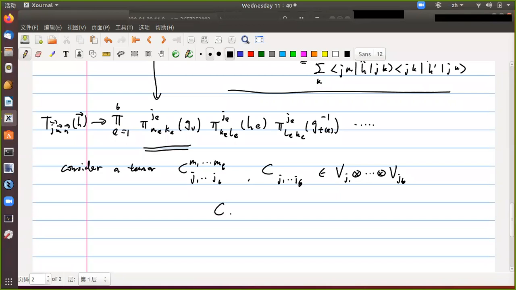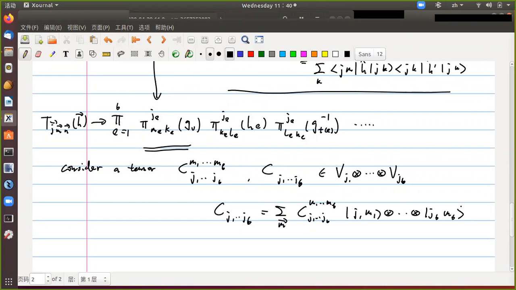More precisely, this C can be expanded in a basis, summing over the m's, C^{m1...m6} times the basis states |j1, m1> through |j6, m6>.